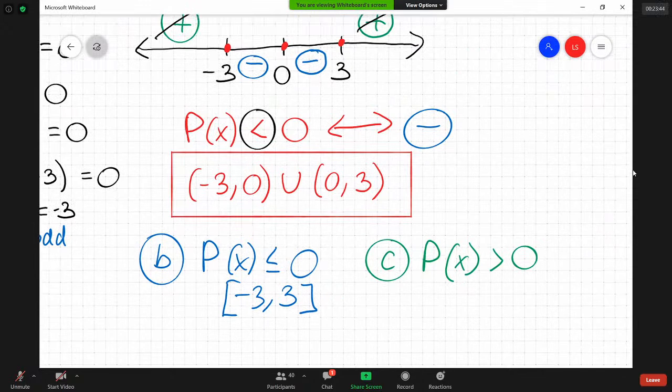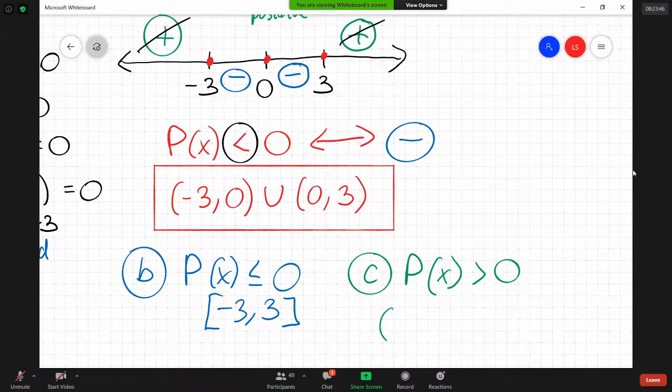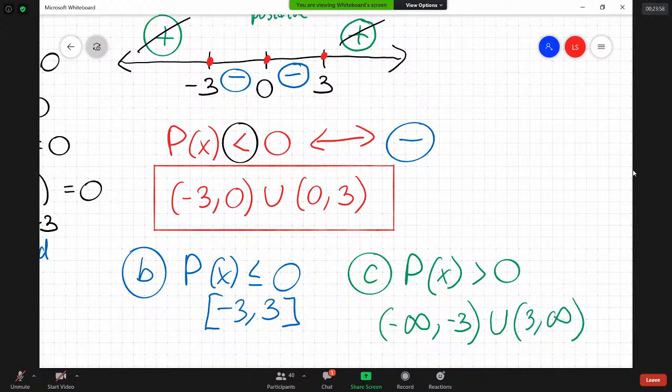Then we would have to say, well, the intervals are -∞ till -3, excluding it, union, and then +3 to +∞, right? So once we have the sign analysis chart, we can answer all kinds of various inequalities with that, just looking at the signs, the positive and negative.